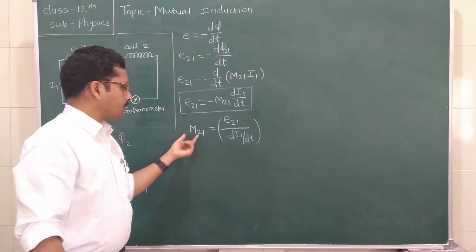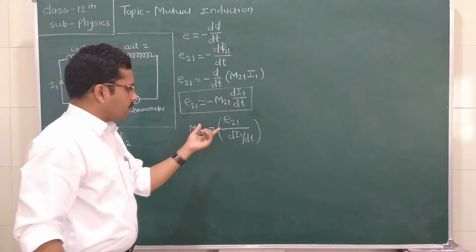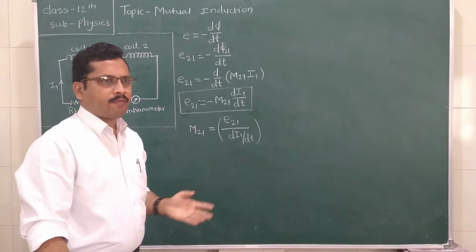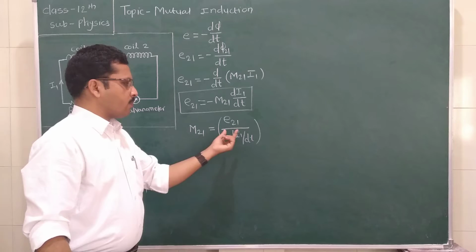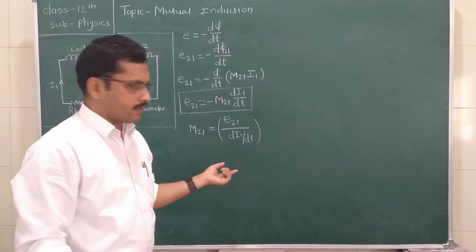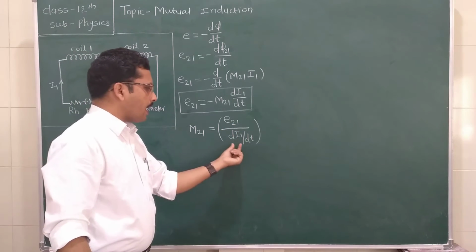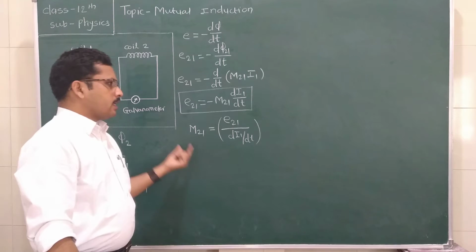Means the mutual induction is equal to the induced EMF where the rate of change of current in the first coil is equal to 1 ampere per second. So M21 is equal to E21 divided by di1 upon dt.